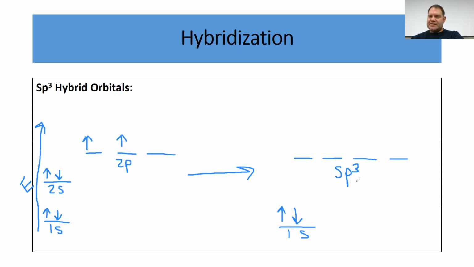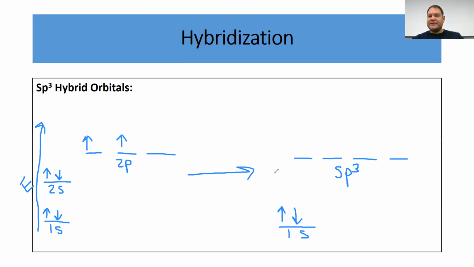Now, because we mixed four orbitals, an s and three p's, we get four hybrid orbitals out, okay? So the number of orbitals that you mix is equal to the number of hybrid orbitals that you make. That's important. So again, I mix four orbitals, I get four hybrid orbitals out. These hybrid orbitals are lower in energy than the 2p.